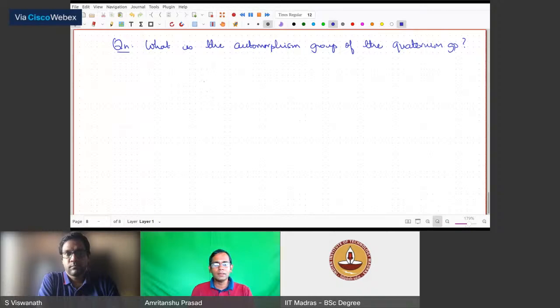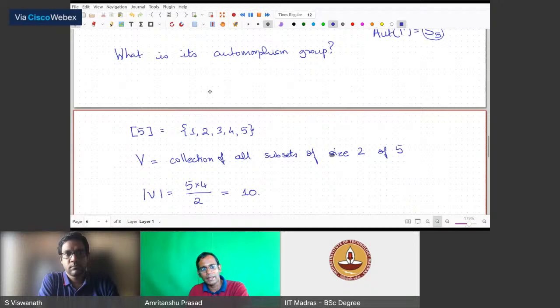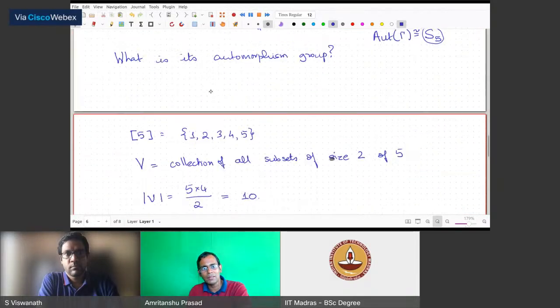Again, I don't know of a simple explanation like with the Petersen graph, where I was able to give you a very simple explanation for why the automorphism group is S5.